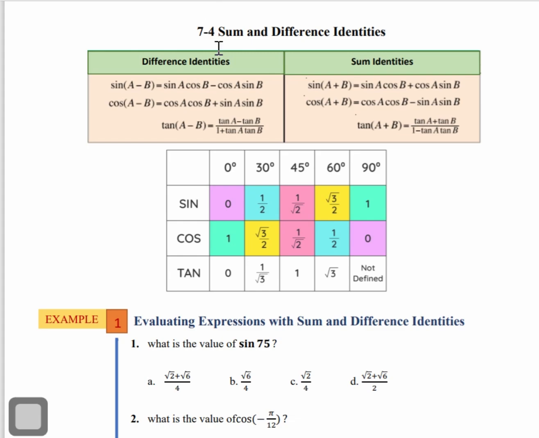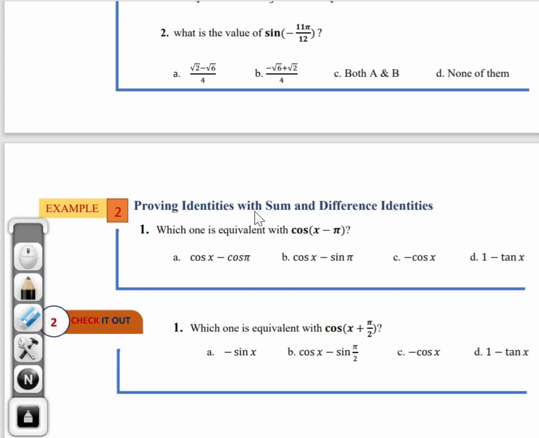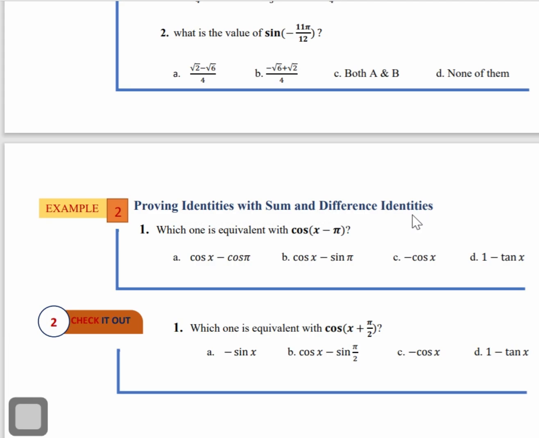Let's solve exercises. Proving identities with sum and difference identities. Which one is equivalent to cosine x minus pi?